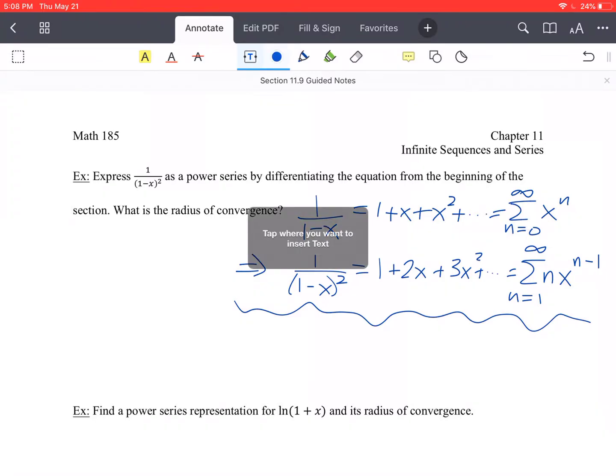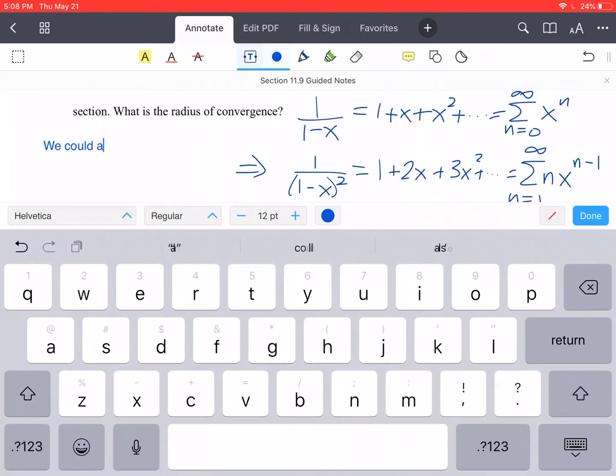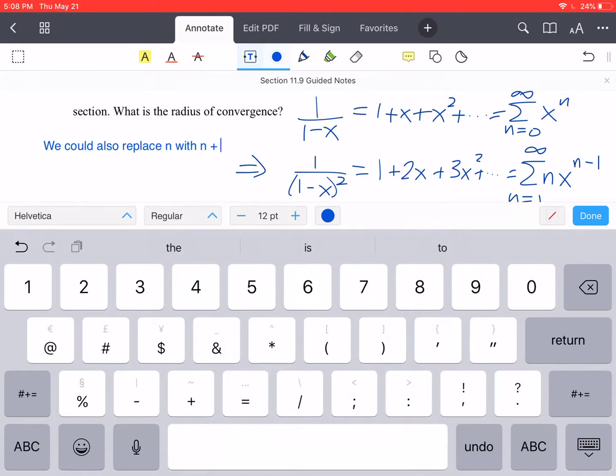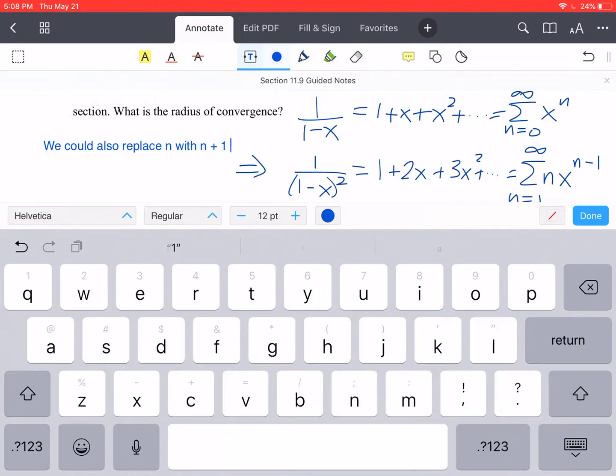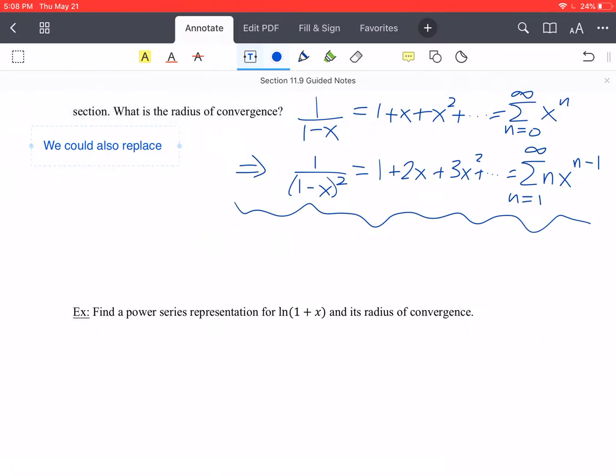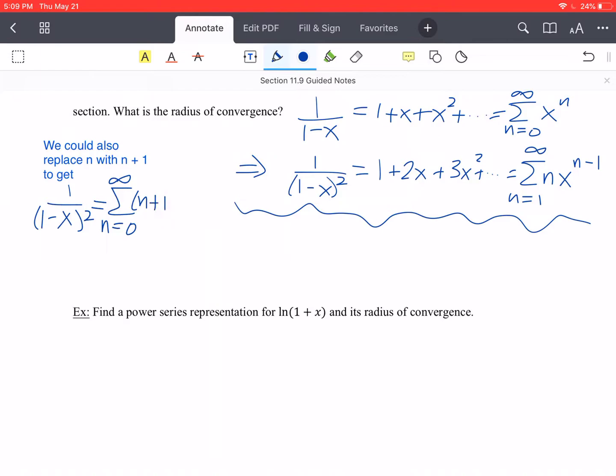We could also replace n with n plus 1 to get the following series. So to get 1 over (1 minus x) quantity squared equal to the sum n going from 0 to infinity of n plus 1 times x to the n.